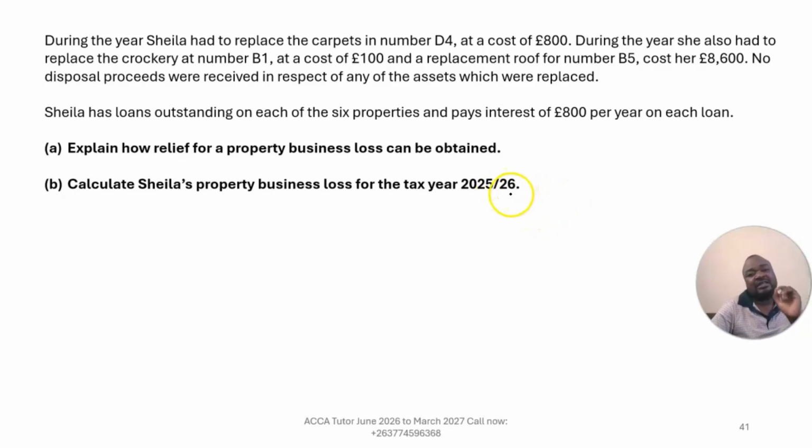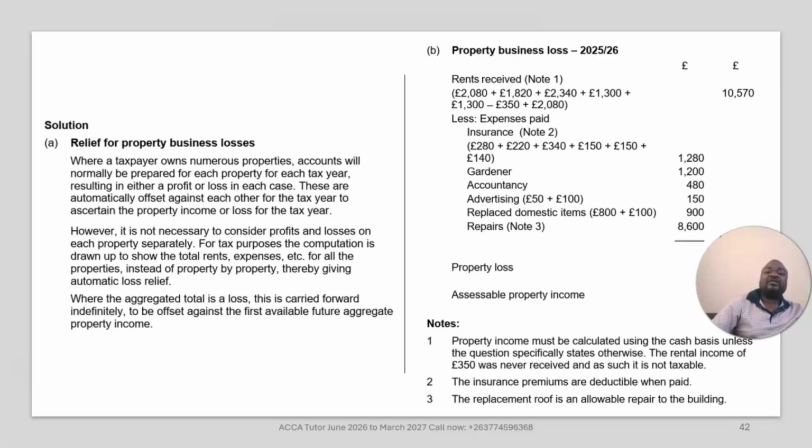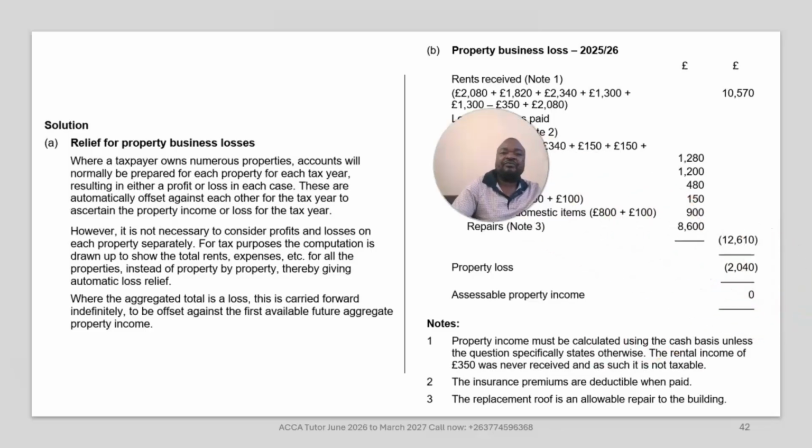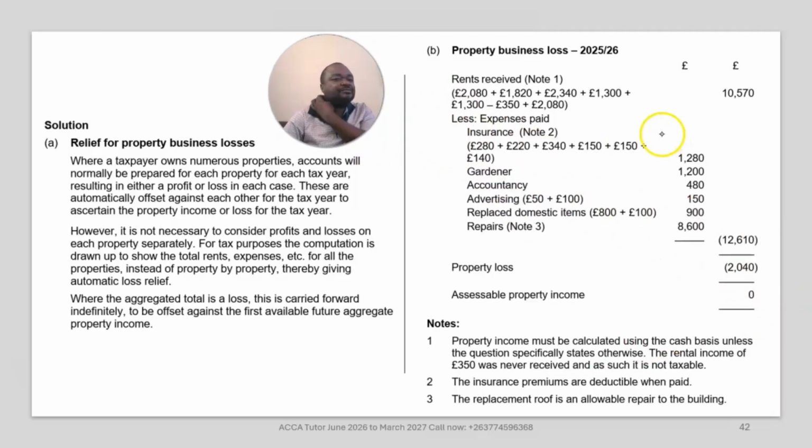Remember, the relief is in offsetting the future profits, which means those future property income profits are going to be reduced by the previous year's losses. That's the relief aspect. Now, when it comes to the computation of the business loss, this has been done for you. So this is what we have explained on part A there.